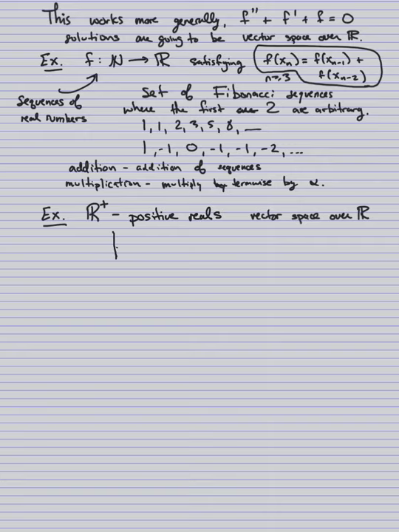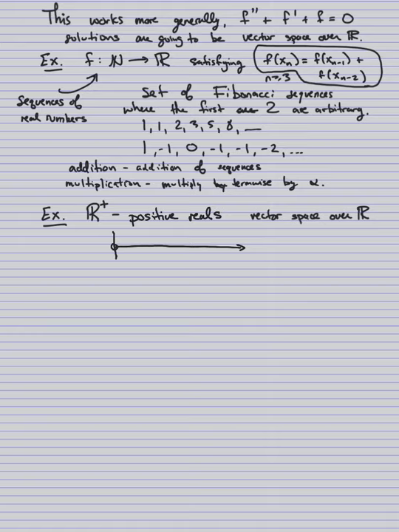I think this is kind of surprising, right? Because when you're defining a vector space, you think there's no 0. You should have, if you're multiplying by negative real numbers, to include the negative real numbers in your set. But the point is that the addition and multiplication are going to be quite different.